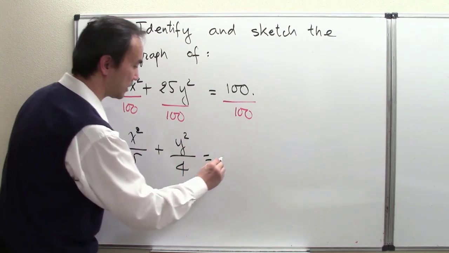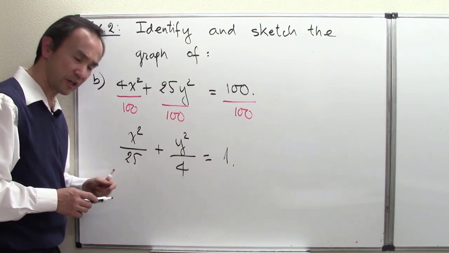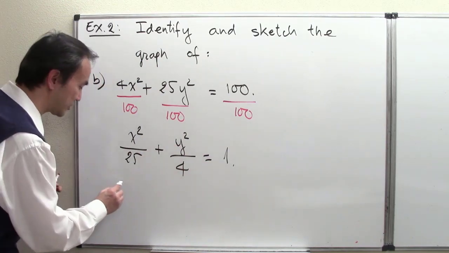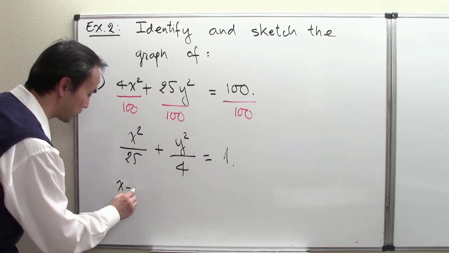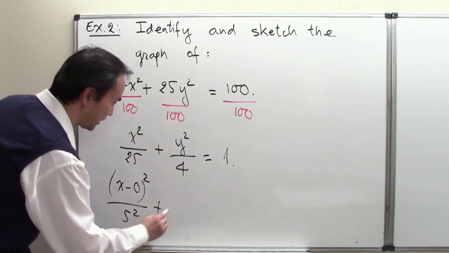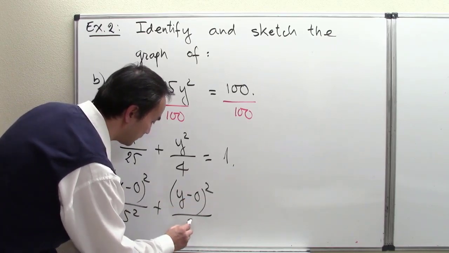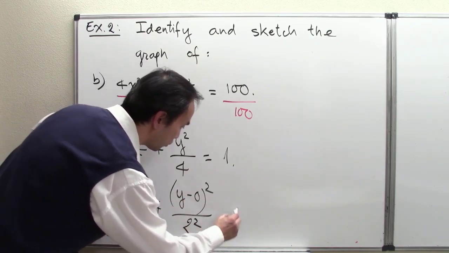And that equals 1. And so now this is the equation for an ellipse. And I can now easily rewrite that as (x minus 0) squared over 5 squared plus (y minus 0) squared over 2 squared equals 1.